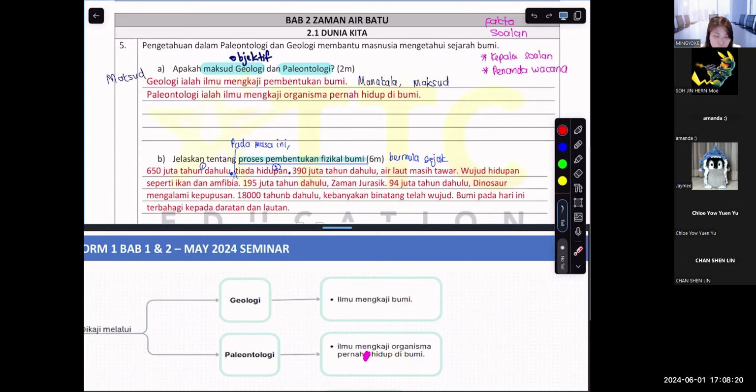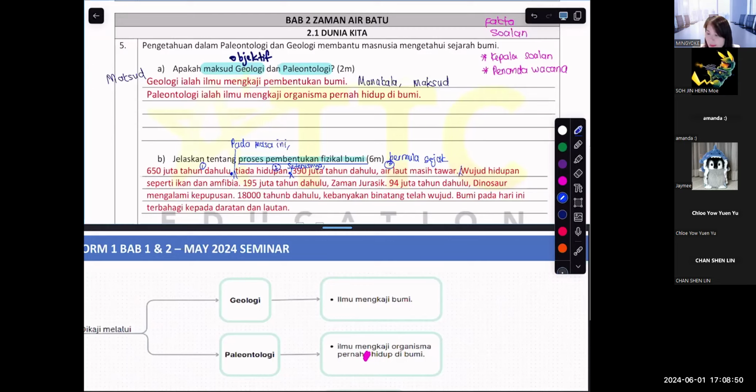Then your teacher will also not give you full marks. You have to write seterusnya, 390 juta tahun dahulu. Air laut masih tawar. You can use this like that and then as marks.